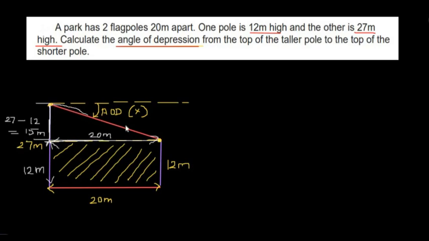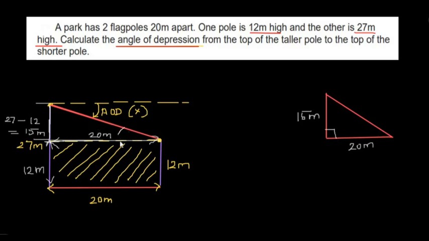So this is the one which is looking like a right angled triangle. Let me draw it again over here to make things very clear. This is the right angled triangle I just created. This is 15 meters, this is 20 meters, and this is the right angled triangle.